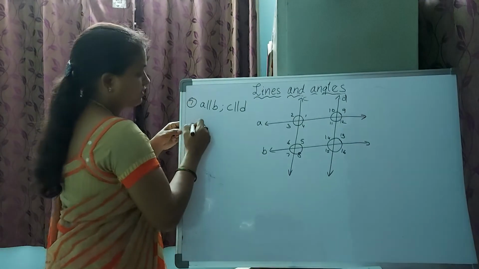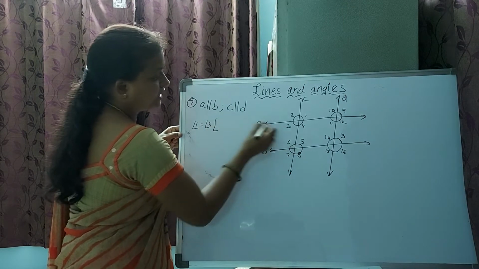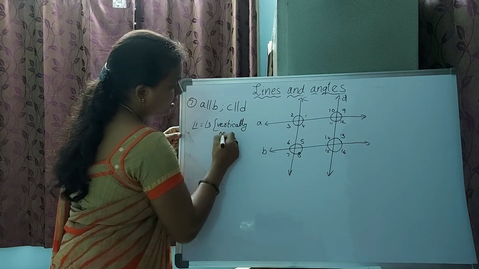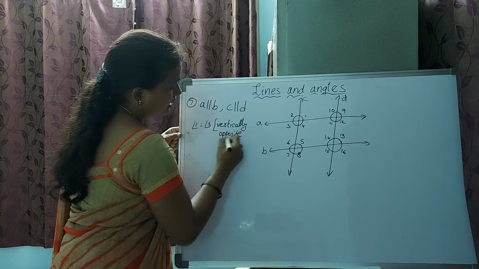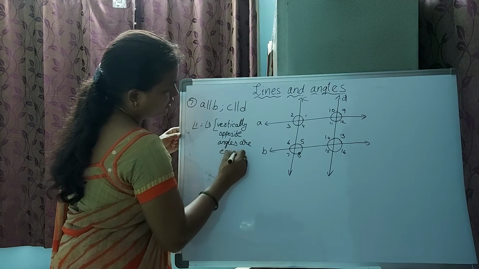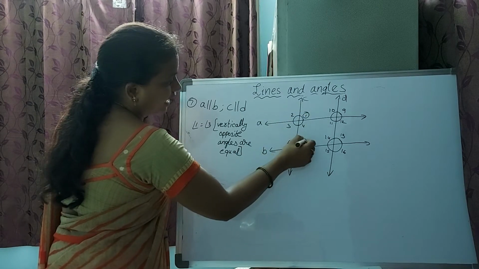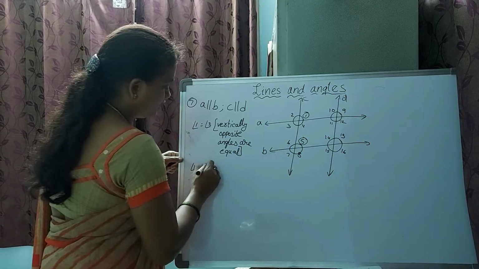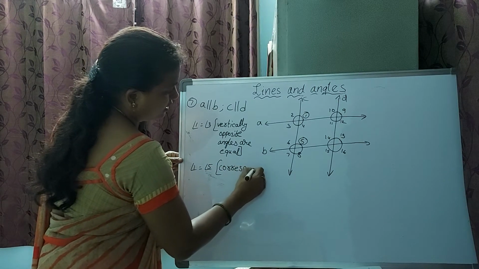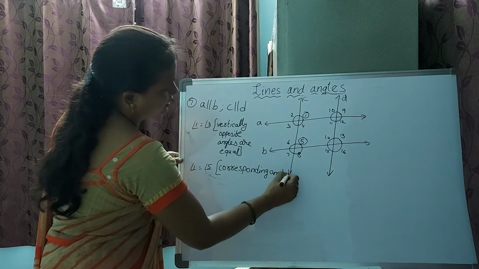Angle 1 is equal to angle 3. Why? Because vertically opposite angles are equal. Angle 1 is equal to angle 5 because corresponding angles are equal.